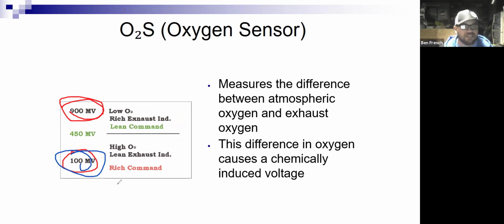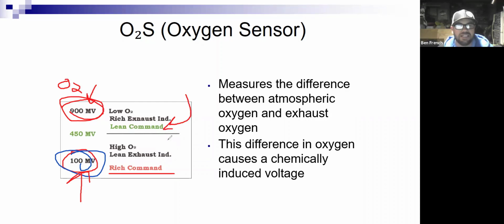So notice this. If the O2 sensor says, hey man, you're lean, the computer says, okay, go rich. If the O2 sensor is reading 900 millivolts, that's the signal it's producing, it tells the computer, hey man, you're running rich. What's the command?